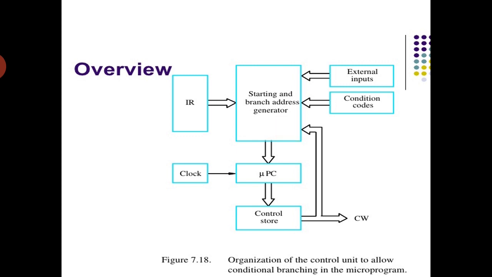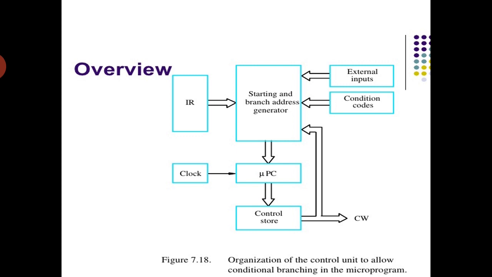What this block will do is load a new address, the address of a new micro instruction, into the microprogram counter when a micro instruction instructs it to do so.